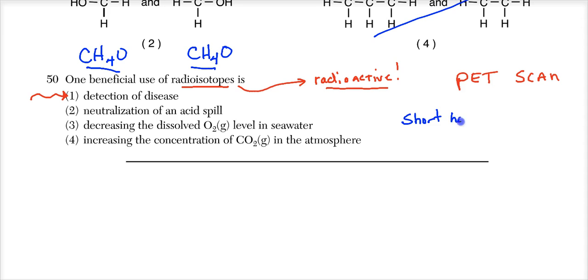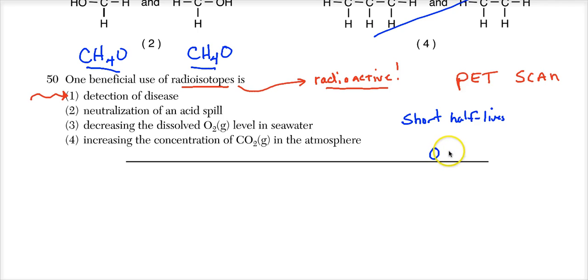The short half-lives mean that they decay out of the body very quickly, but during the time they're in our body, in the case of PET scans, they're emitting positrons, and these positrons, which are basically antimatter or the opposite of an electron, hit electrons, and when they hit electrons, electromagnetic radiation is given off that the detector can figure out. And from the location of where this electromagnetic radiation is given off, they can actually get a three-dimensional image of the brain. It's one of the best ways we can get an image of the brain.